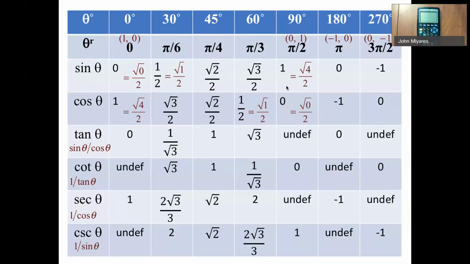So now, as long as you can remember these patterns, that the sine of 0 starts at 0 and works its way up to the sine of 90 equals 1, and the cosine of 0 equals 1, and it works its way back down to the cosine of 90 equals 0, and if you can remember which trig ratios are the reciprocals of each one, then you can derive what you want from this table without having to memorize the entire table.